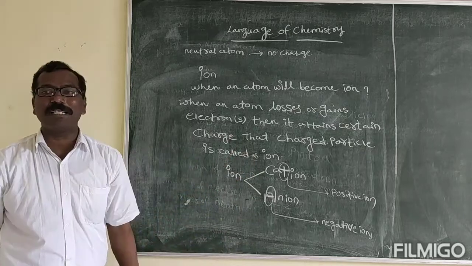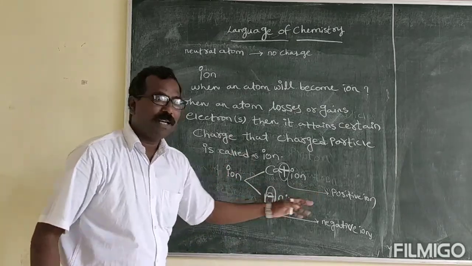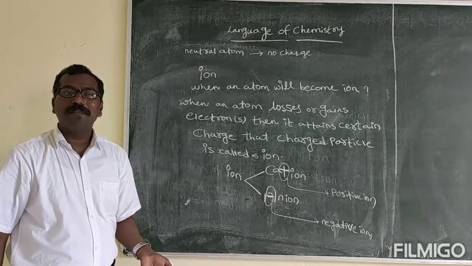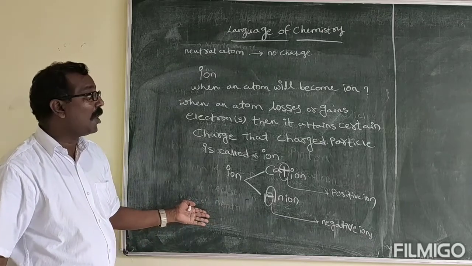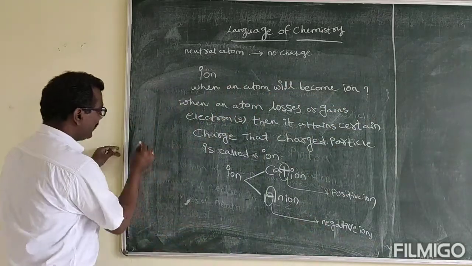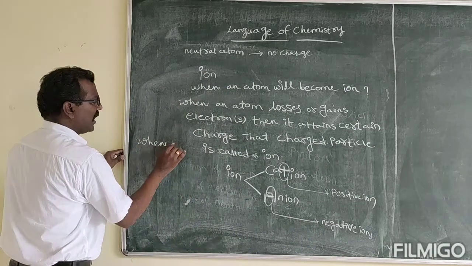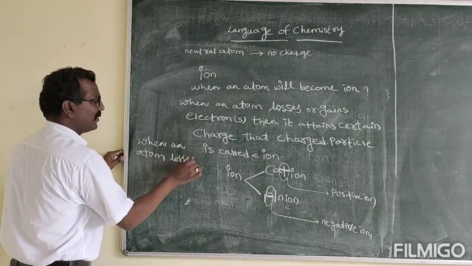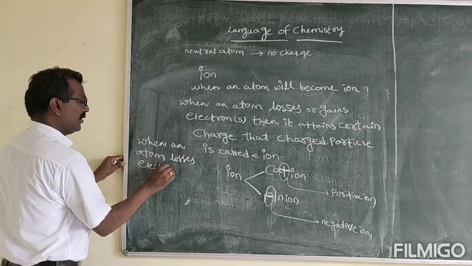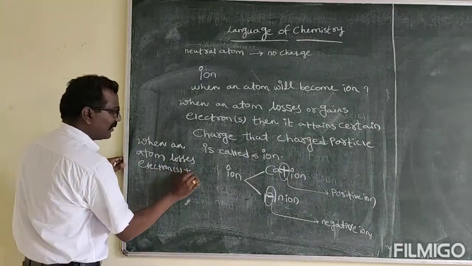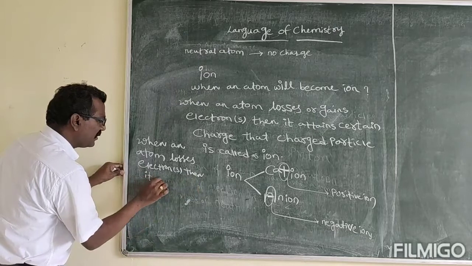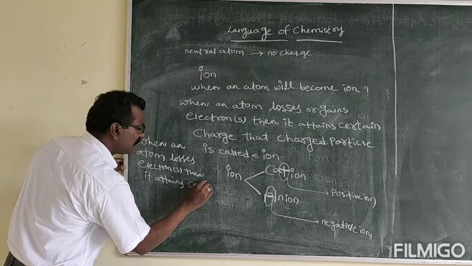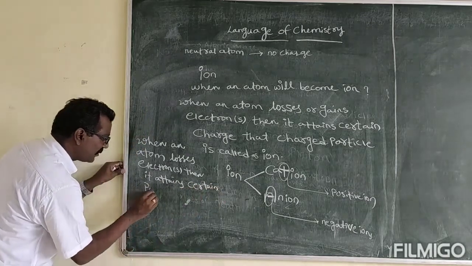In chemistry it is opposite. It is code language. So when will an atom become a cation? When it loses an electron. See here, when an atom loses an electron or electrons, then it attains a certain positive charge.